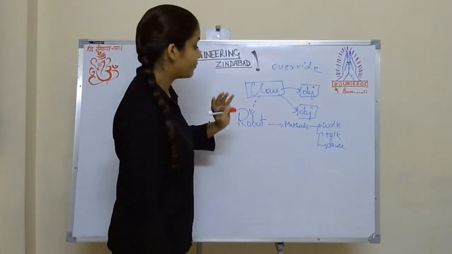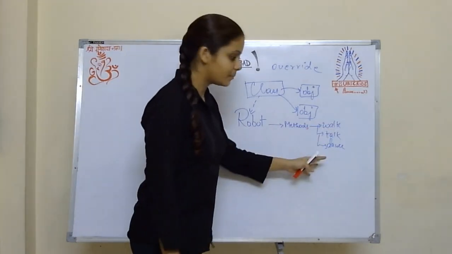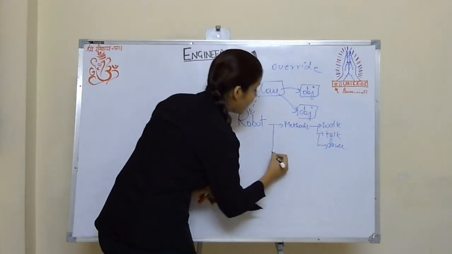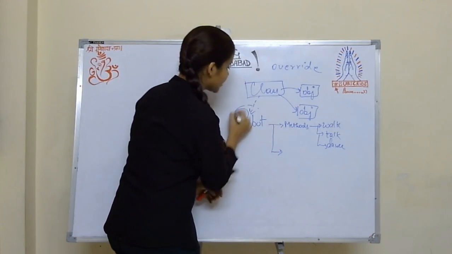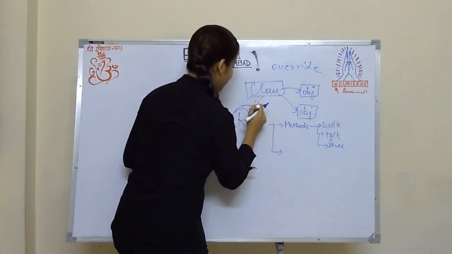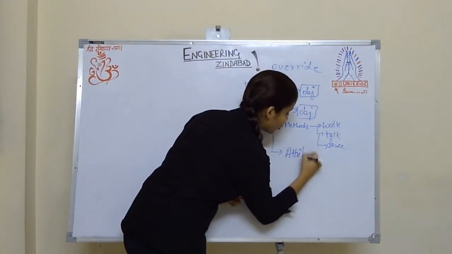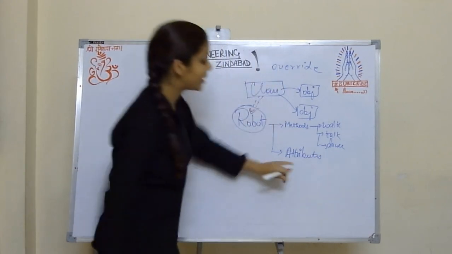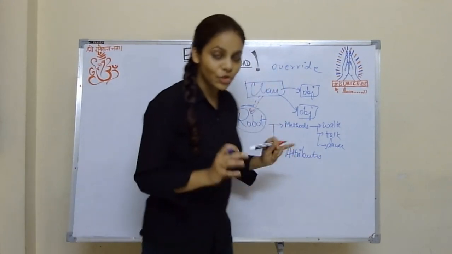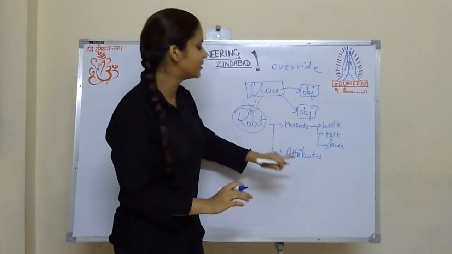Now we created the objects from it that can perform all the functions. This is the class, okay? It also has some properties, attributes. In the language of coding, these are known as methods and attributes and not functions and properties.